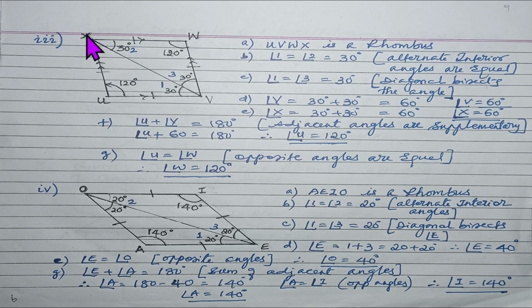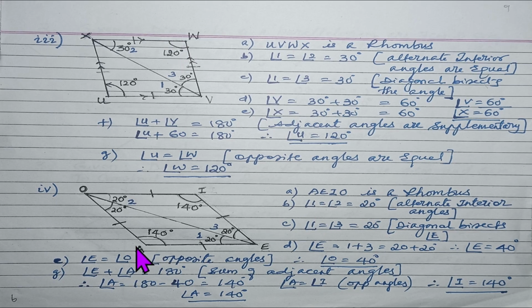But we also know the diagonal of a rhombus bisects the angle, therefore if angle 1 is 30, angle 3 is also 30, that means the total angle V is 60 degrees, and so also angle X is 60 degrees. And we know that angle U plus angle V is 180 degrees because the sum of adjacent angles is 180 degrees, therefore angle U is 120 degrees. But angle U is equal to angle W, therefore angle W is also 120 degrees. So that is what is asked from us.